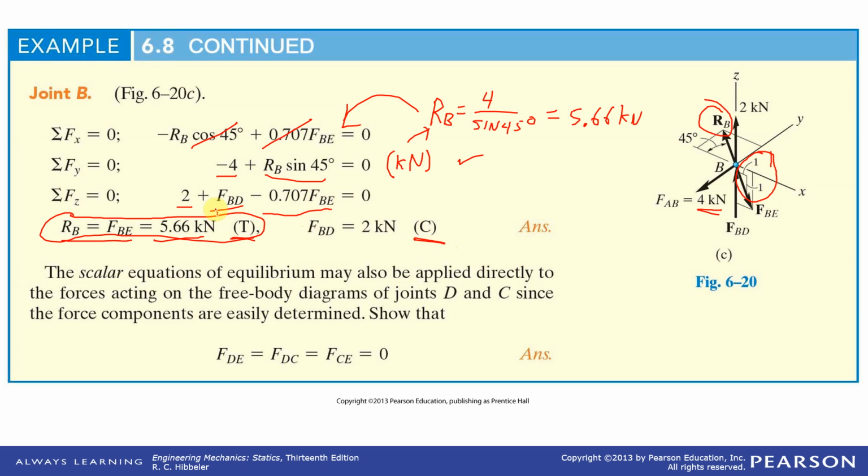So 0.707 FBE, well, that's sine of 45. Anyway, this quantity here is 4 kilonewtons. So FBD has to equal 2 kilonewtons. Okay.